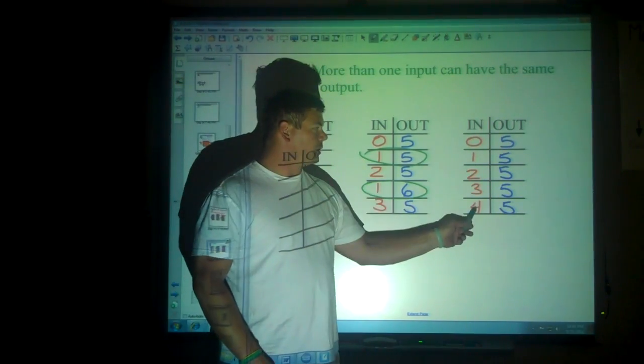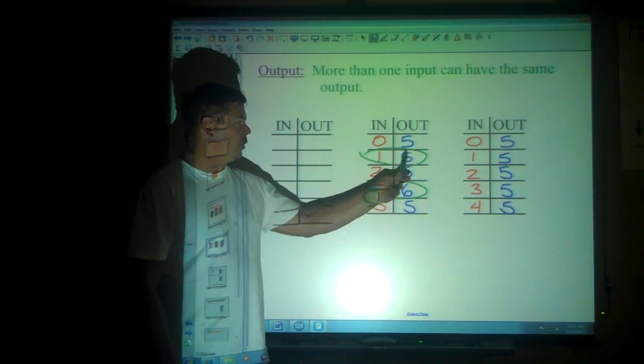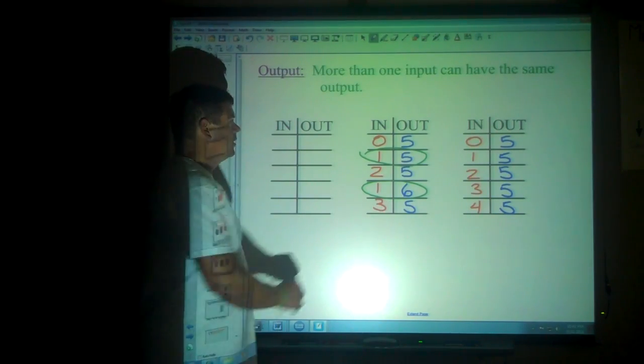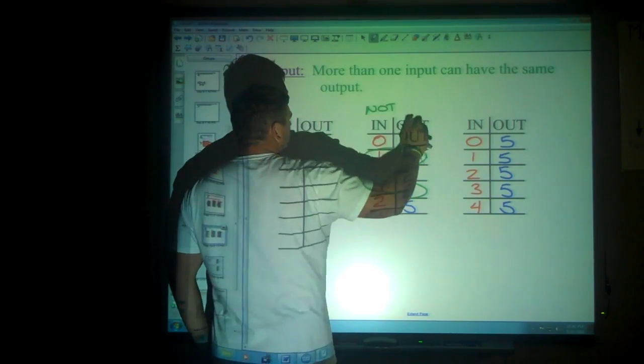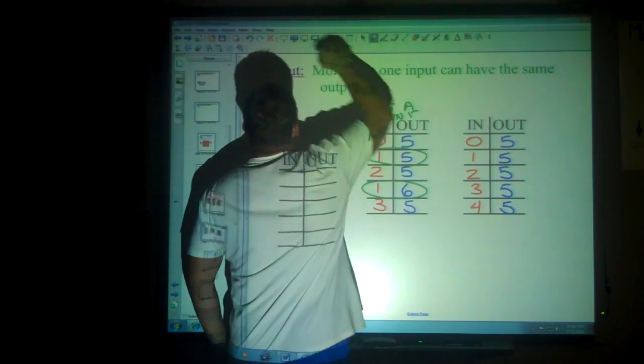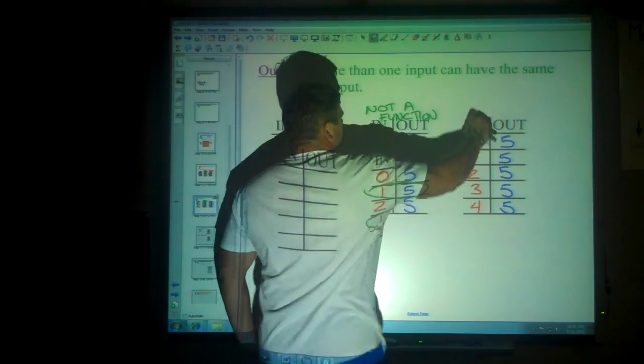So it doesn't matter if a whole bunch of numbers produce the same output. That's okay. You just can't have an input produce one output, later on that same input produce a different output. This is not a function. Not a function. But the other one, the first one, is a function.